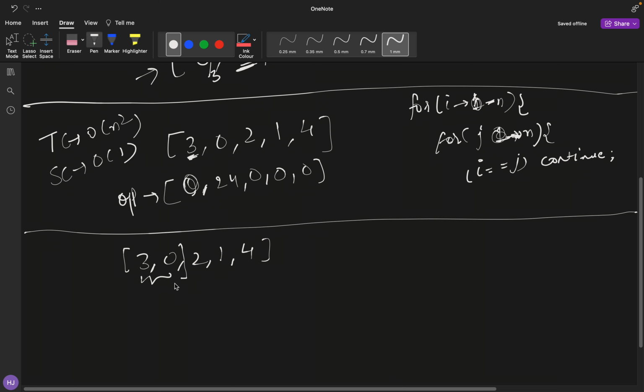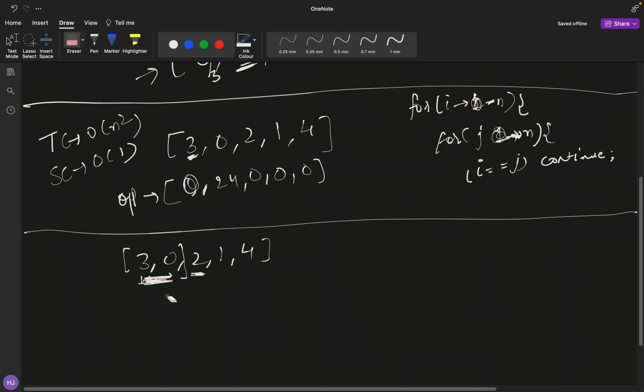If we are storing the result up till here, then we can find out the next result using the previous result, right? That's the point.